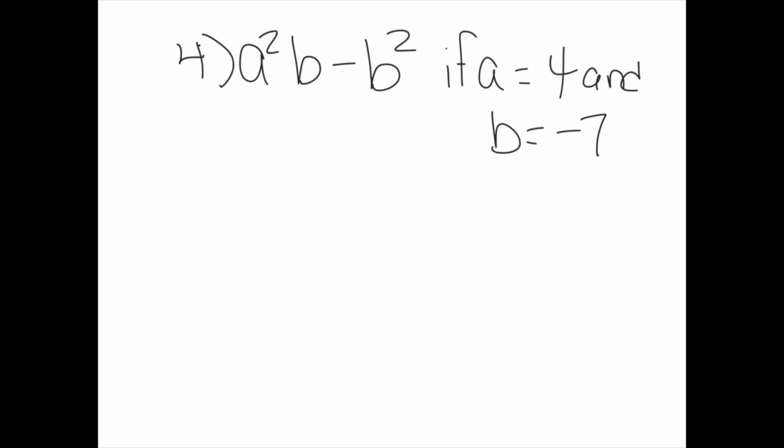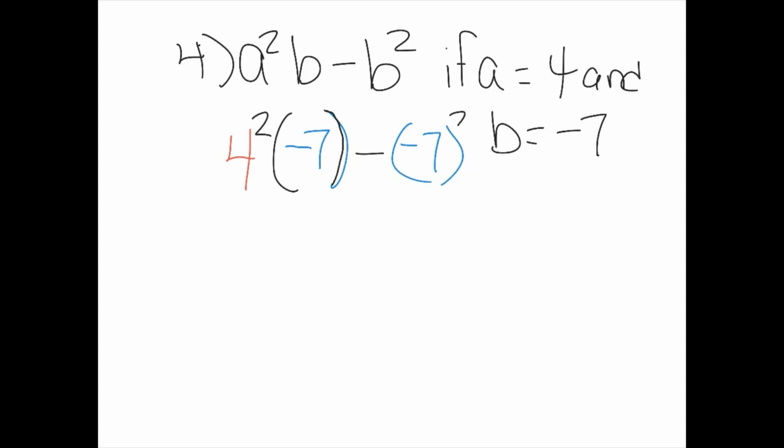Let's look at number 4: a squared times b minus b squared, if a equals 4 and b is negative 7. We substitute or replace a with the number 4, so 4 squared, times b, which was negative 7, minus b, which is negative 7 squared.